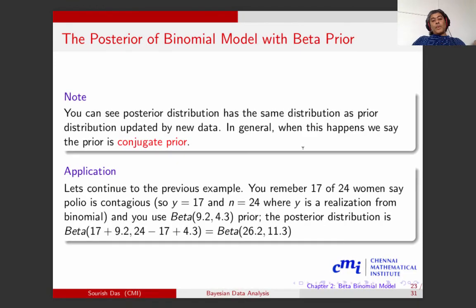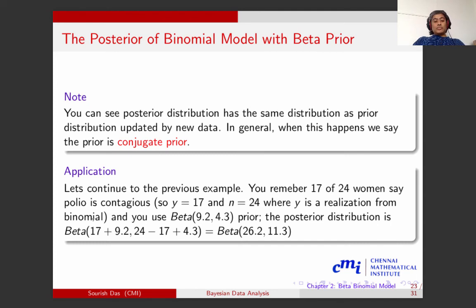Now let us go back to the application. Let's continue the previous example. You remember we have 17 out of 24 women say polio is contagious. So y is 17, n equal to 24 is the sample size, where y is the realization of a binomial. So we use beta 9.2, 4.3 as our prior.